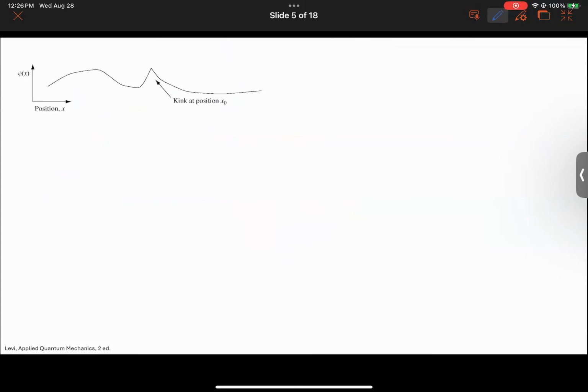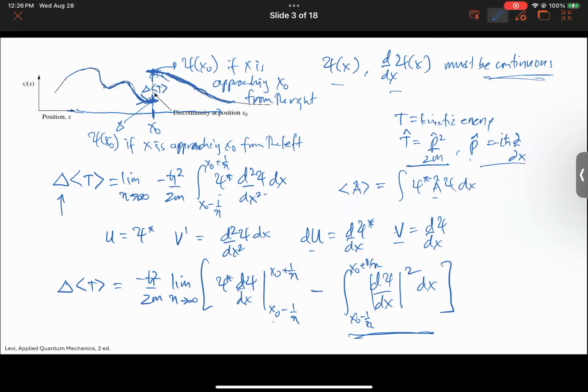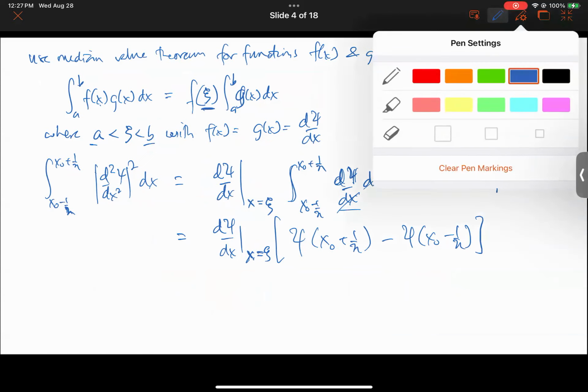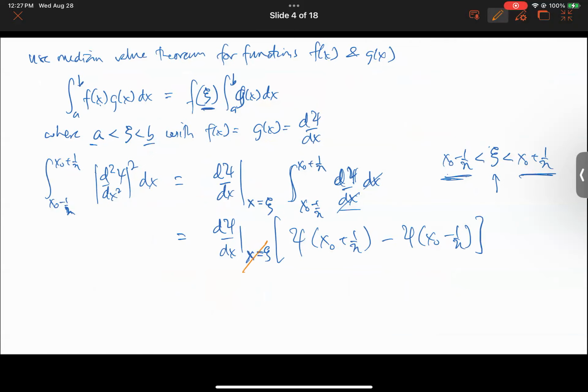But dito sa figure, if we allow eta to approach infinity, it also approaches x naught. So this means na itong x na nandito actually approaches x naught. So we can write this, so this is actually the same as x equals x naught.